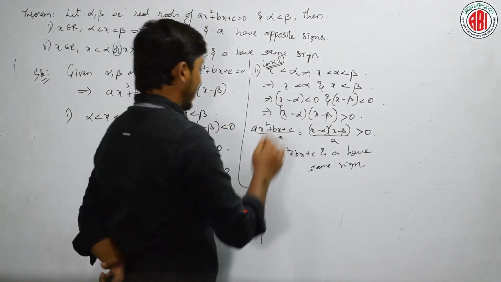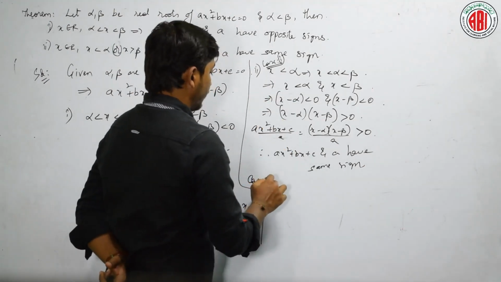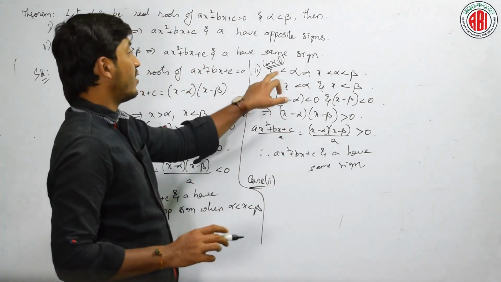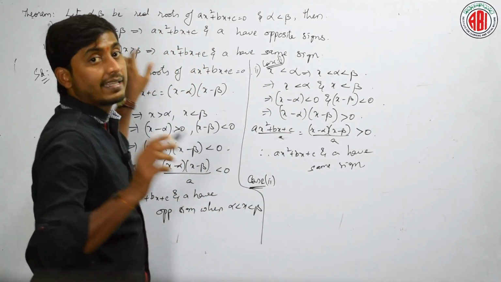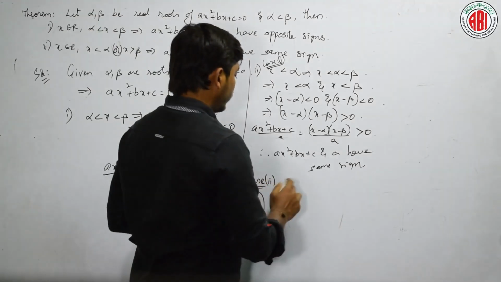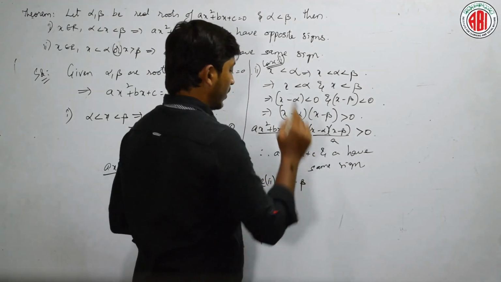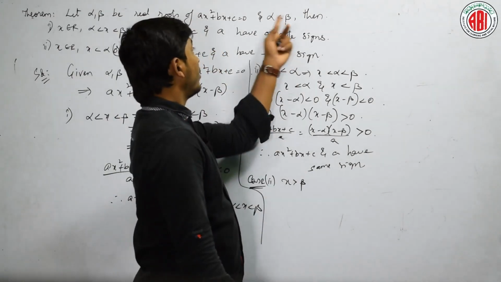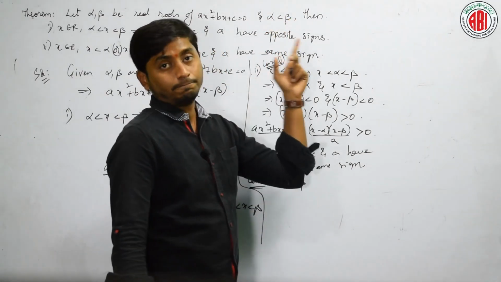Now, in the same case, let us find for the second case. First was x less than alpha. What was second? x is greater than beta, and I know that alpha is less than beta.